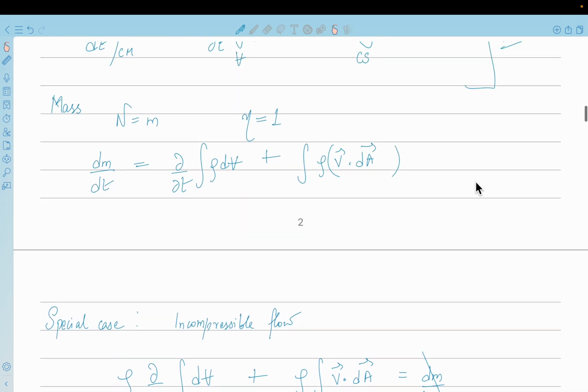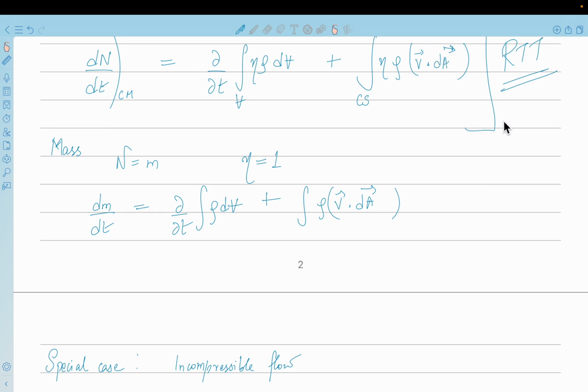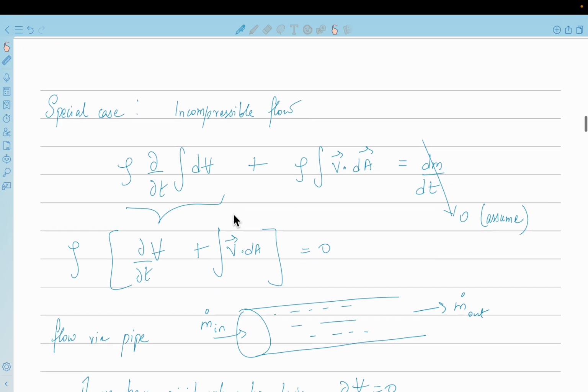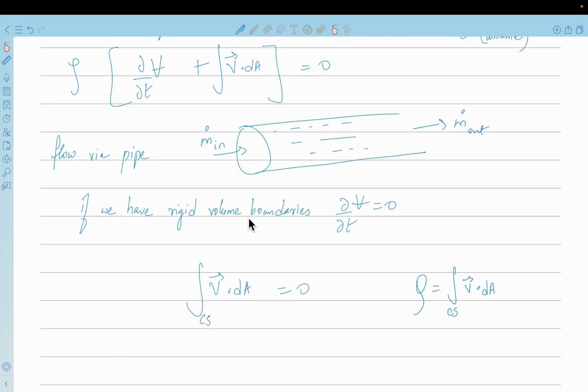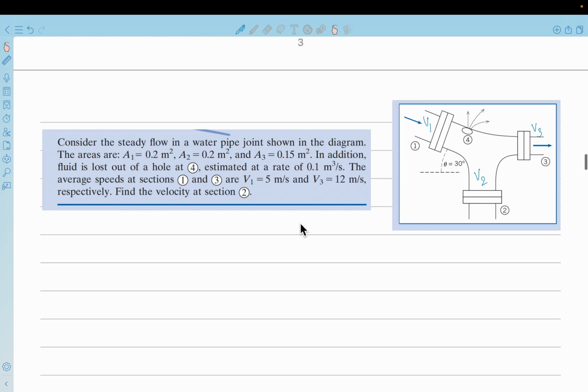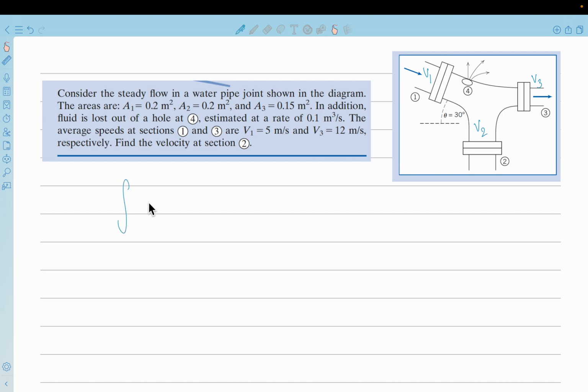So if I use my Reynolds transport theorem, and from that I have derived my rate of change of mass, and from there we apply the condition of rigid volume boundaries, what we are left with is that the total integral of rho v dot dA is equal to 0.